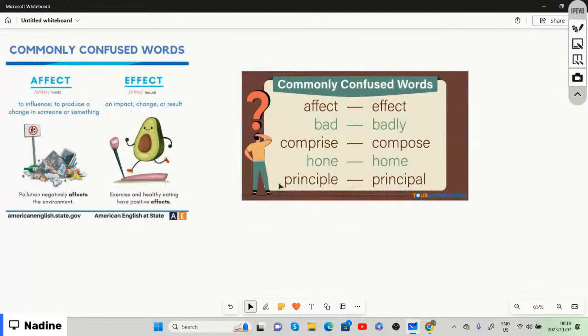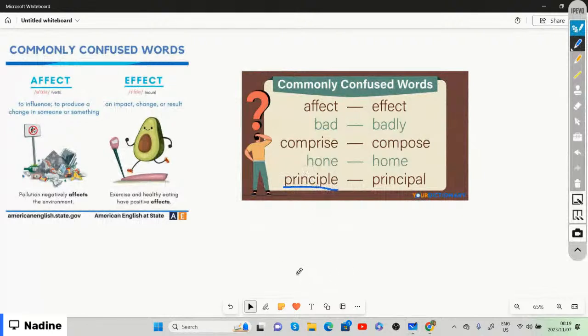So with this word principle, for example, you can say it is the principle for you to just be honest, just speak the truth. And then this principal is basically the head or the manager of the school.